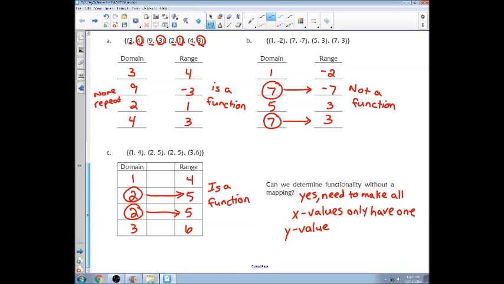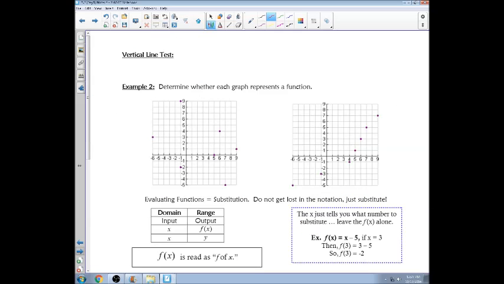What this is asking us is, can we just figure out from that right there whether or not we have a function or not? We could. We don't need to necessarily make it into a table like that. And you'll be able to do that a lot easier the more problems you work through. Okay? On to the back.